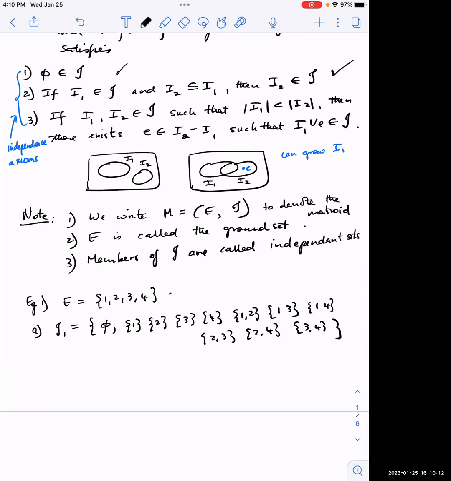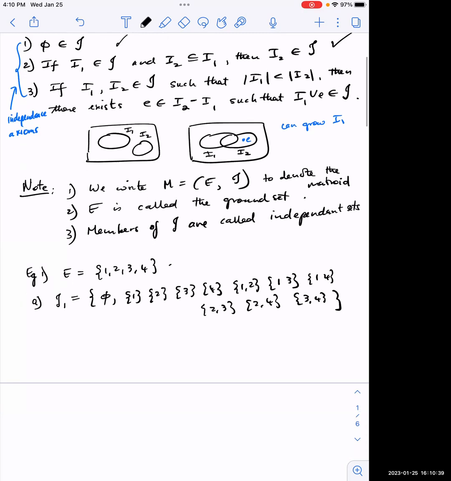And the third one is sometimes a little bit harder to check, but in this case, because every pair of elements is in this collection, number 3 is just satisfied in a relatively simple manner. So this is a Matroid. So E with this collection of sets is a Matroid.